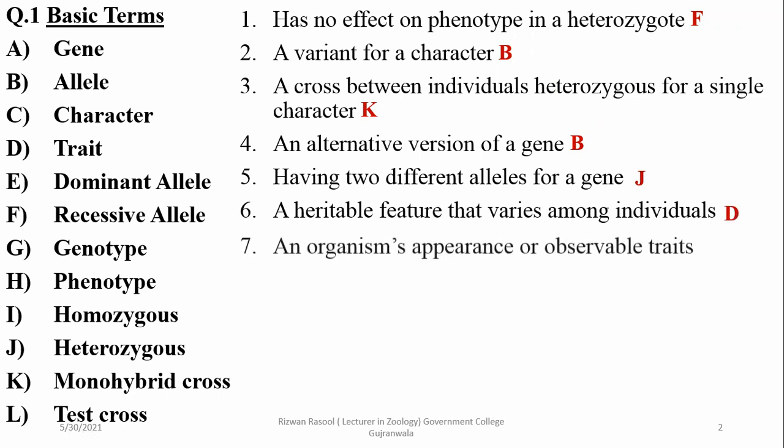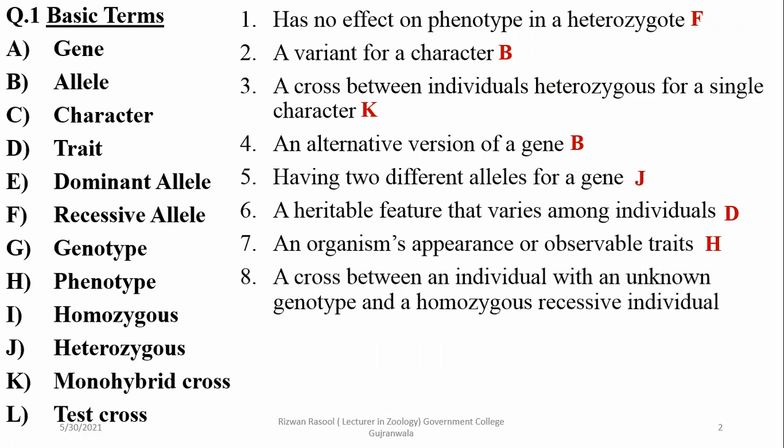Number seven: an organism's appearance or observable traits are known as phenotype, while the genetic makeup of that individual is the genotype. A cross between an individual with an unknown genotype and a homozygous recessive individual is a test cross.